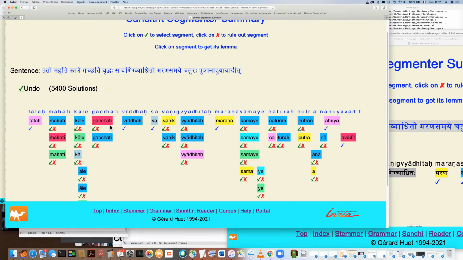So here we have this problem of Gachati between Tinanta and Gachati as a present participle, going.